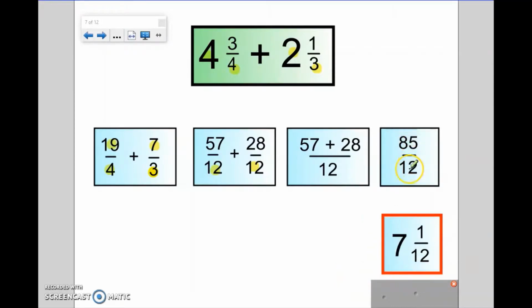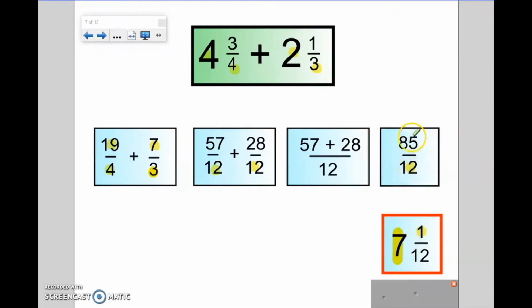How did I get from here to here? We look at the denominator, 12. How many 12s go into 85? That would be 7. 7 12s take me up to 84, which means I have a remainder of 1. So that's how I convert back from my top-heavy fraction into my mixed number.